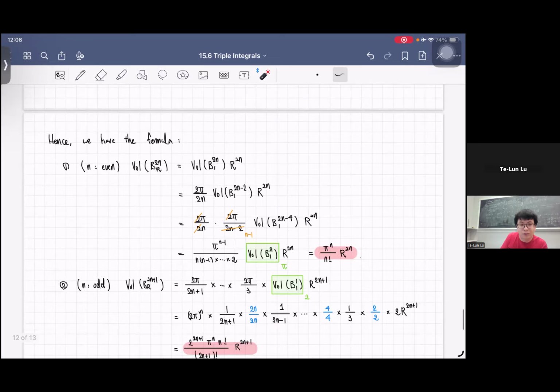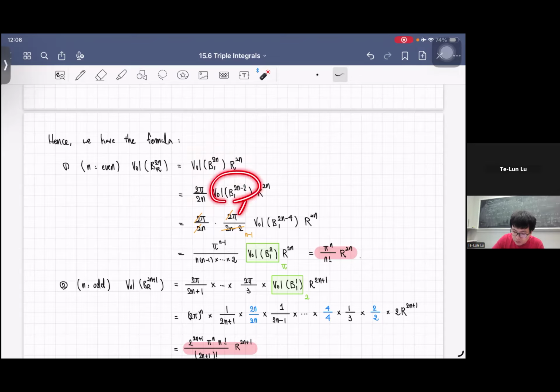Whenever n is even, we see that the volume for the ball of radius r in dimension 2n is actually given by what I just mentioned: the volume of the radius 1 version of the ball times r to the 2n, right? And by our previous iteration, we know that this can be simplified to be 2 pi divided by dimension 2n, and you subtract the dimension by 2. And we can do that further again.